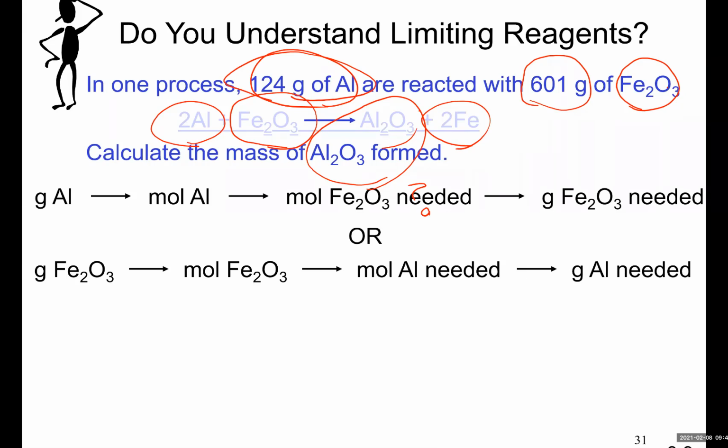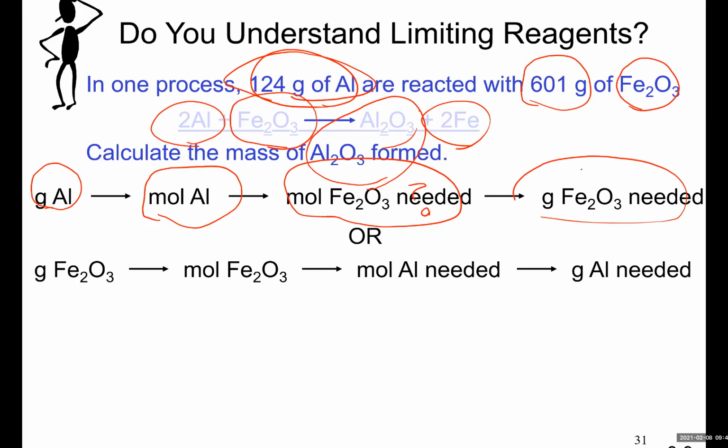That's what I'm going to do. I can start with grams of aluminum. We solve chemistry problems in terms of moles of reactant. If I have moles of one reactant, I can use the coefficients between reacting substances to determine the number of moles of the other one. Once I have moles of Fe2O3, I can go to grams and see how much Fe2O3 I need.